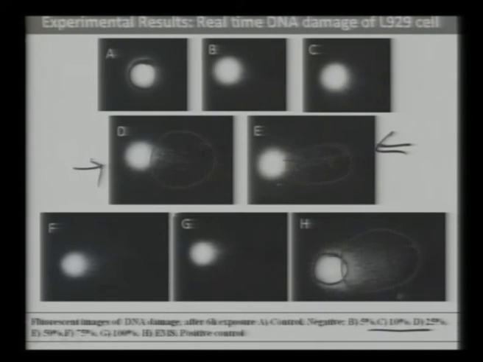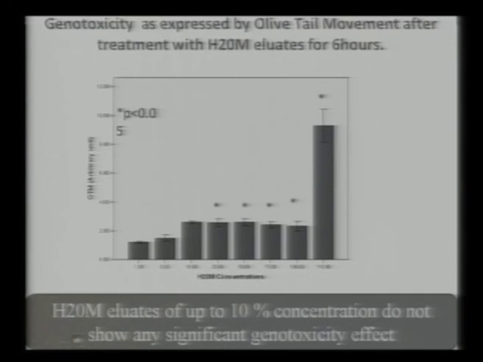This is OTM. Now if you measure this OTM for different conditions and put it in a graph, you can see that if the concentration is more than 25%, they have a statistically significant genotoxic effect, and the positive control has a much more genotoxic effect.